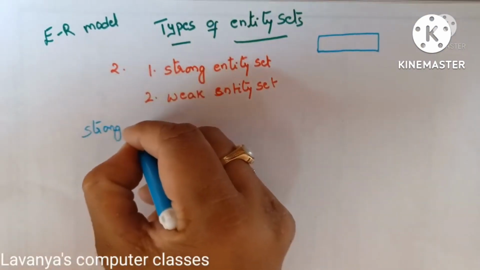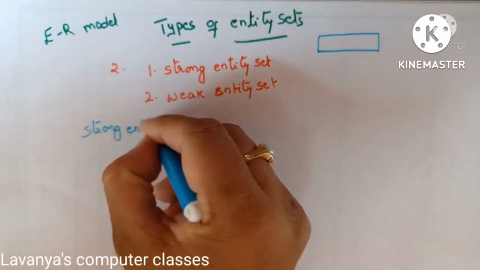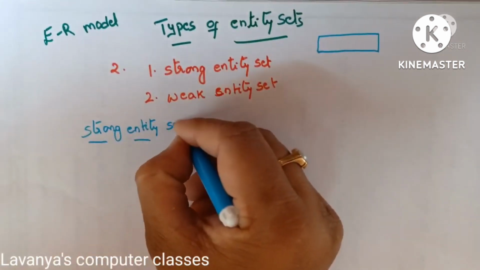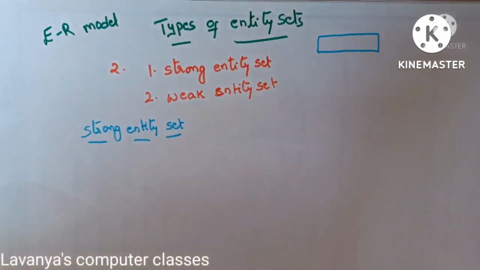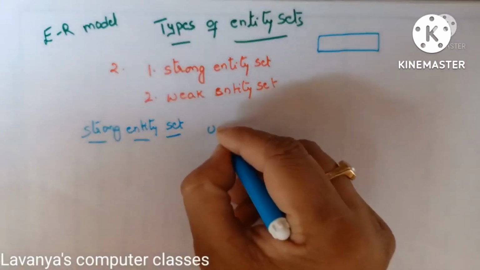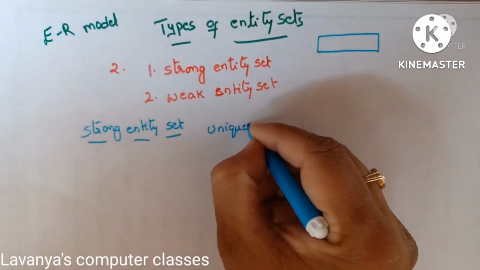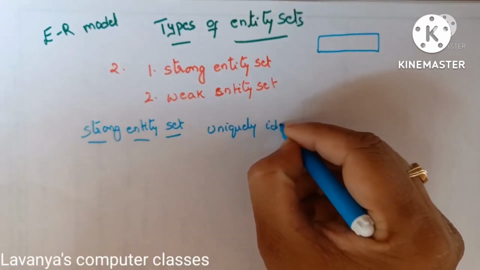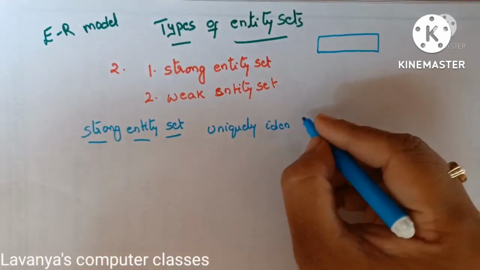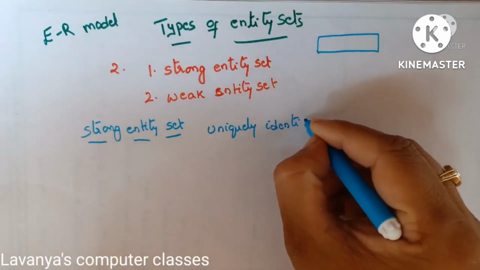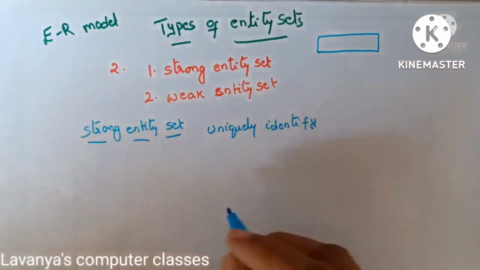Strong. So in the name only, it is the strong entity set. How do you know it is a strong entity set? Any entity set that can be uniquely identified using its primary key attribute is known as a strong entity set.